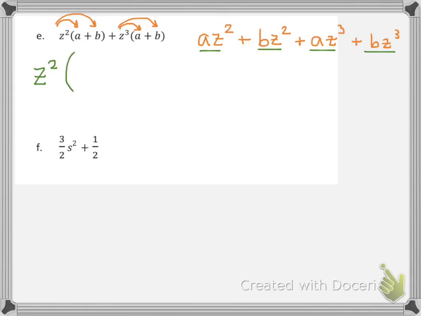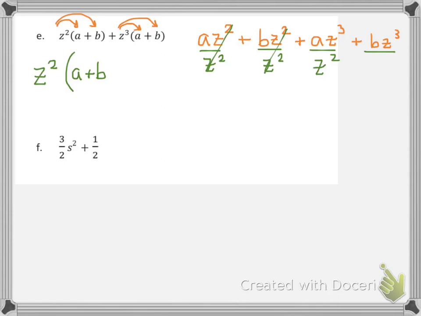GCF, greatest common factor. All right, what's left in the parentheses? Well, I'm going to take the first term and divide that by z squared. Those will cancel and I'm left with a. Second term, I'm going to divide that by z squared. Those cancel and I'm left with just a positive b. Third term, I'm going to divide by z squared.